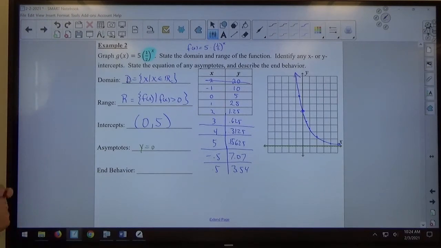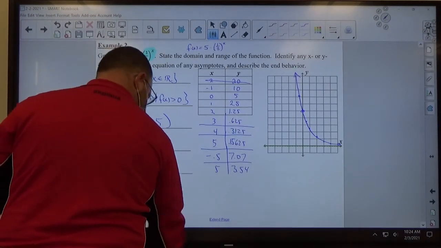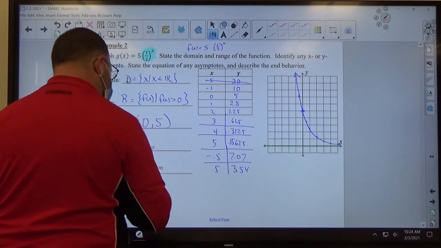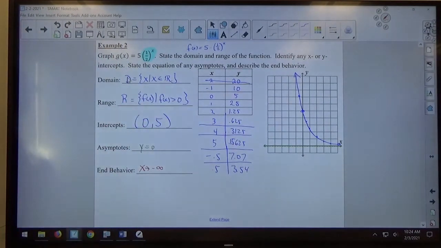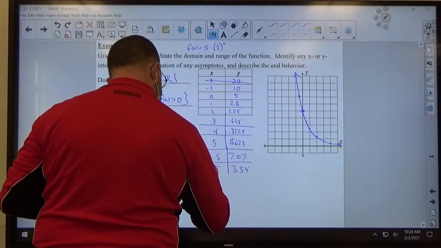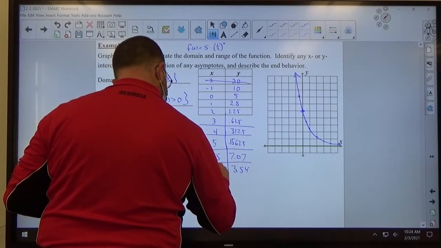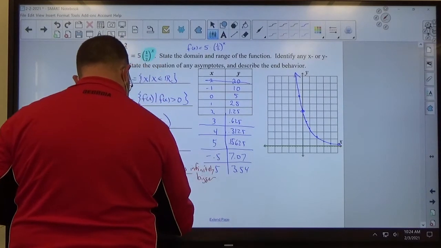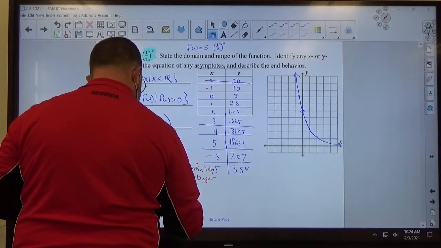And behavior as x approaches, as x goes towards negative infinity, what happens to the graph? As it goes this way, it gets infinitely bigger, right? Y is infinitely bigger. As x is approaching positive infinity, what's happening to the graph?